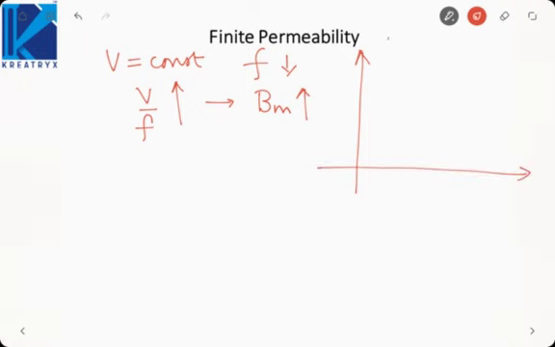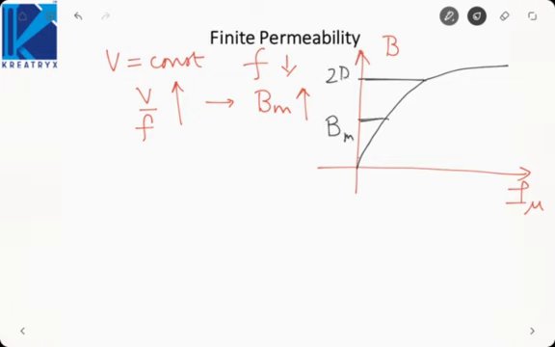If we see the curve, let us say B versus I mu, the curve may be something like this. Suppose this is Bm, this is 2 Bm, then the change in magnetizing current is more than the change in flux density, I mu 1, I mu 2. So actually I mu 2 is greater than 2 times I mu 1.